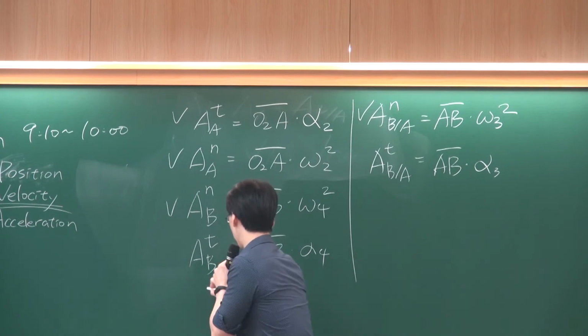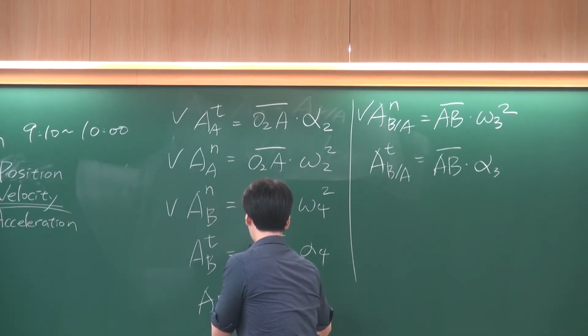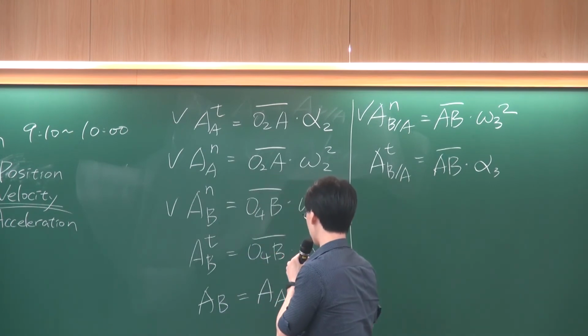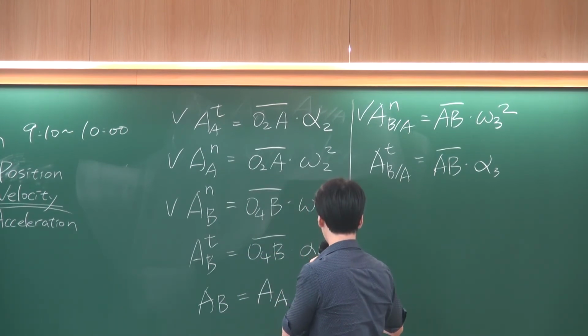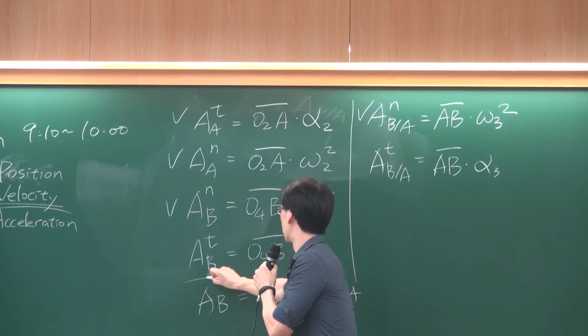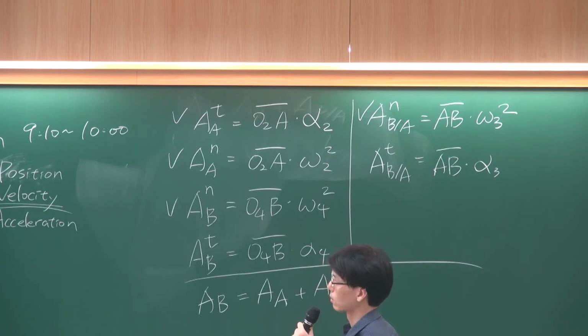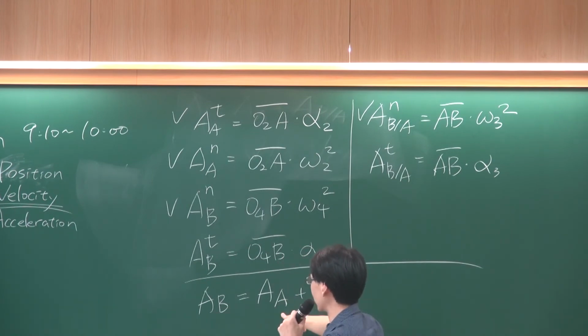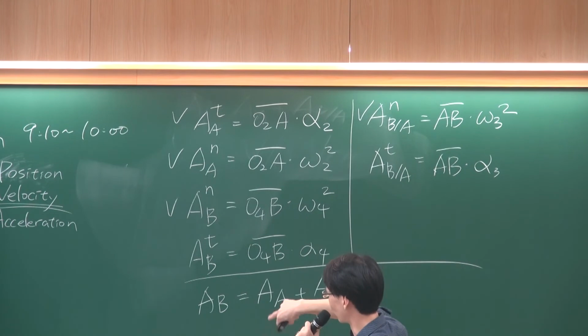Just for your information, we still try to draw a triangle representing this relationship. So in this diagram, I'm going to draw everything about these three. They are going to form a closed loop.